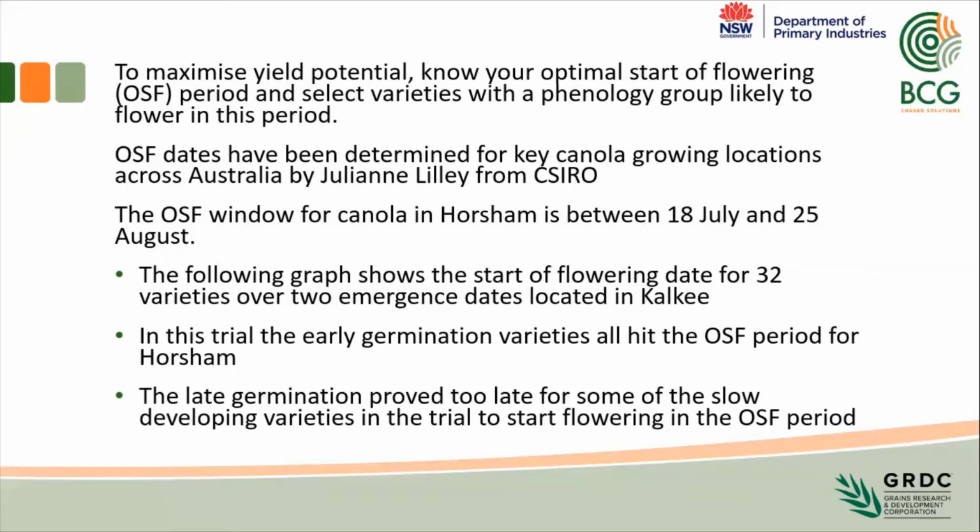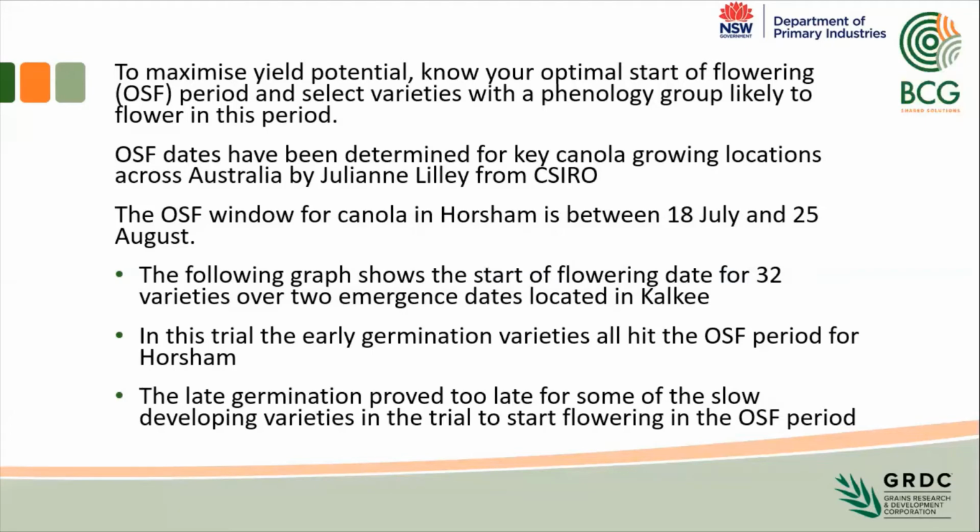And that's when we can say it's begun to flower. The optimal start of flowering window helps us to maximise yield potential. It means that you're avoiding the stresses that come from frost and disease if you're flowering too early, and also avoiding the stresses at the other end of the season that come through drought and heat, if you're flowering too late.